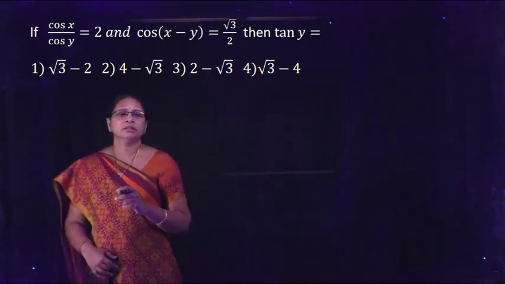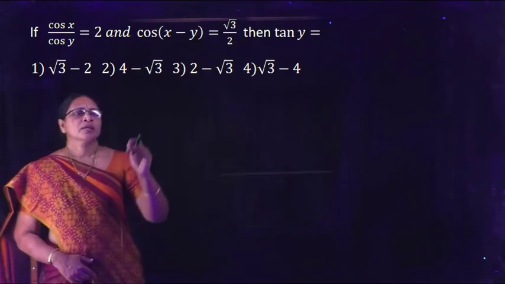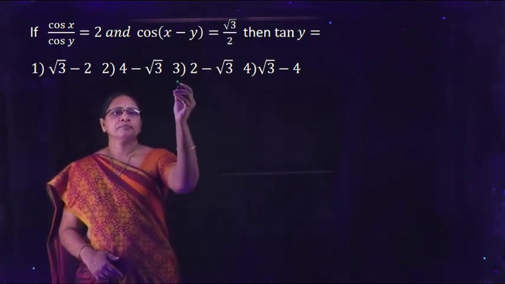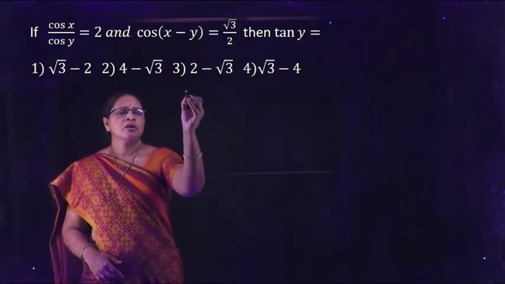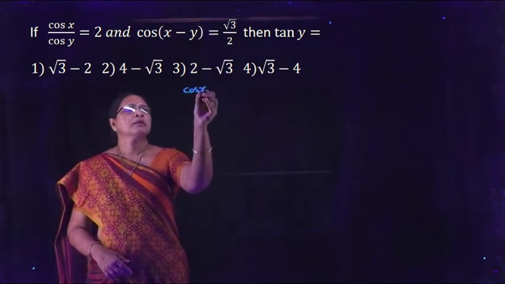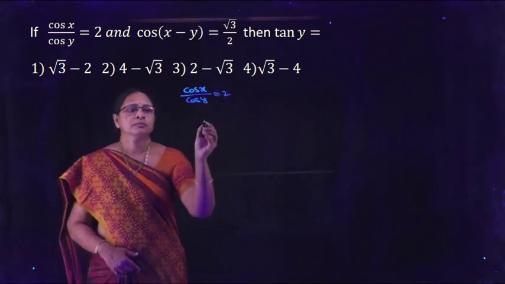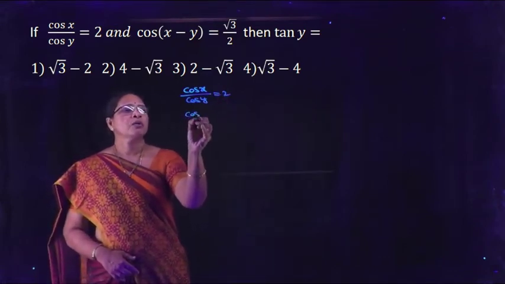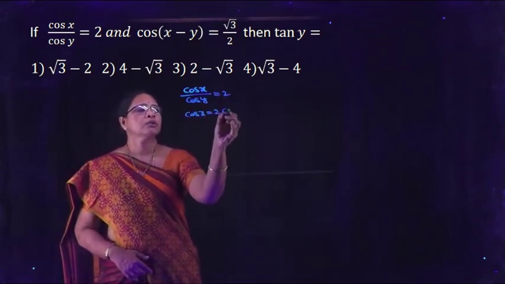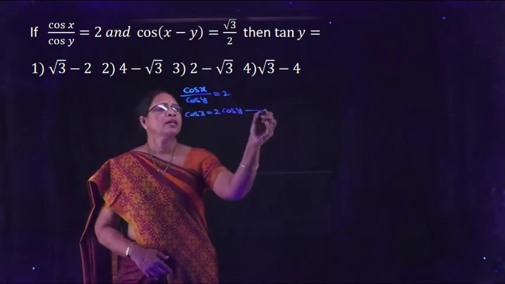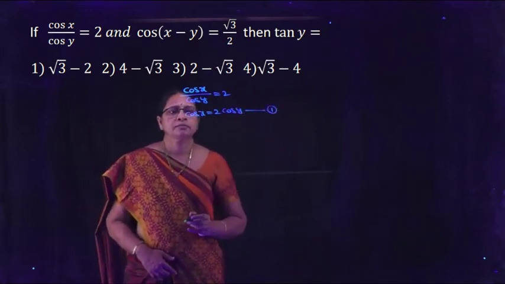According to the given problem, given that cos x by cos y is equal to 2. By cross multiply, we have cos x is equal to 2 cos y. Treat it as equation 1.